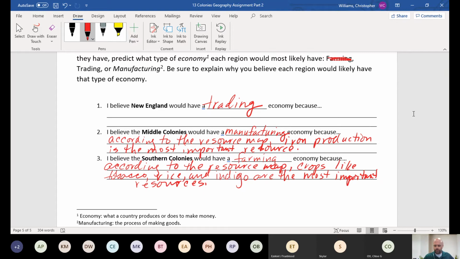Now, when we look at New England, we can say, I believe New England would have a trading economy because, according to the map, resources like fish and furs, which are traded, are important resources.